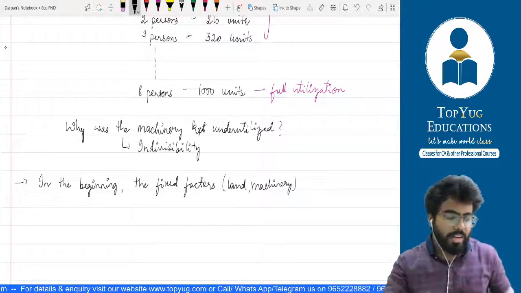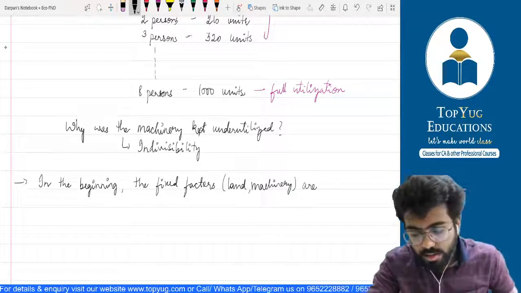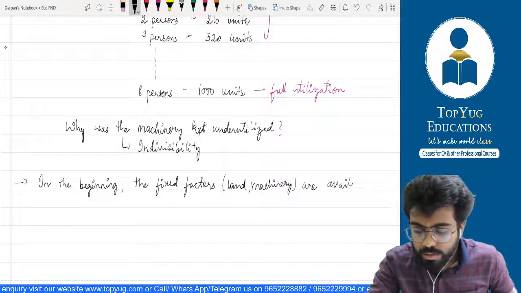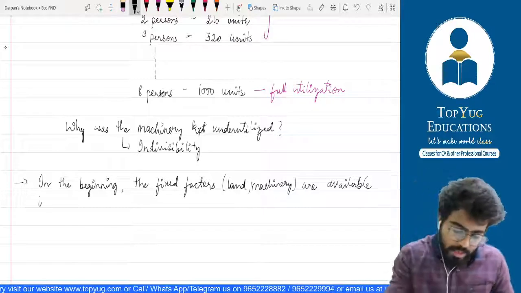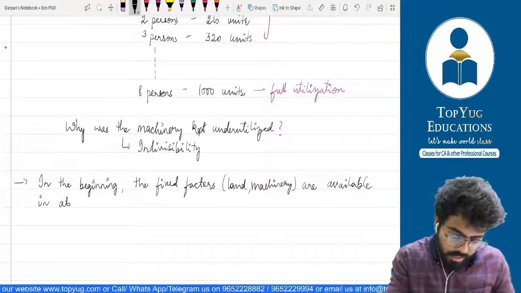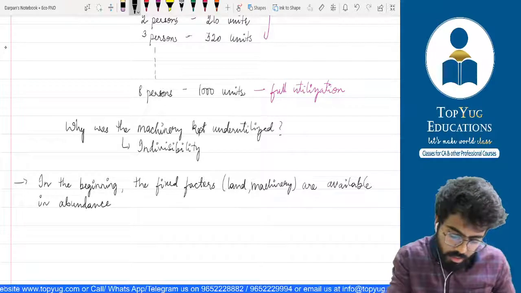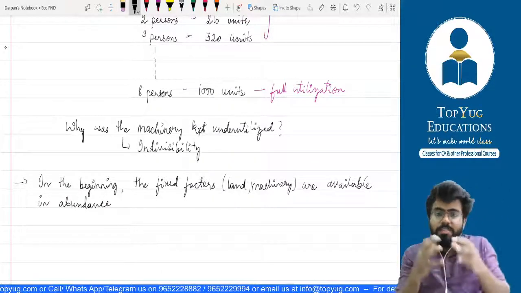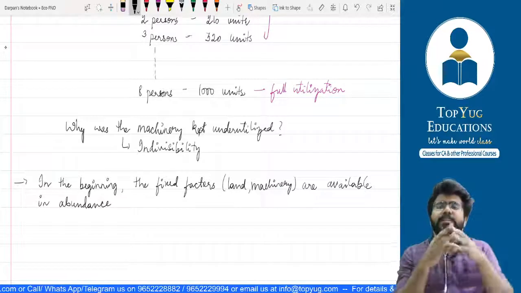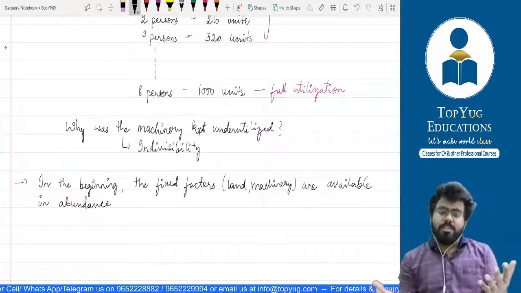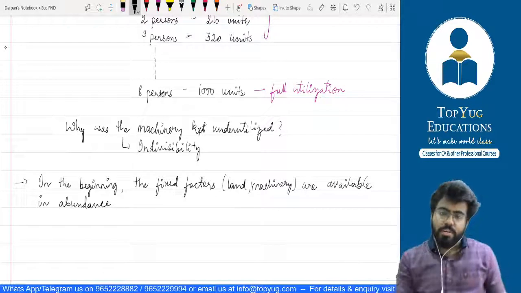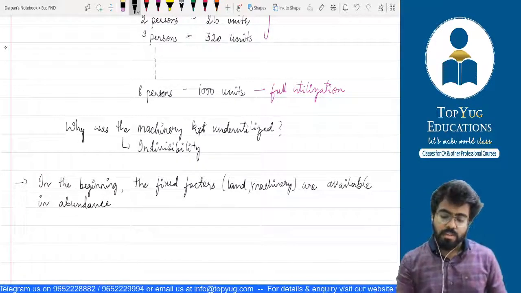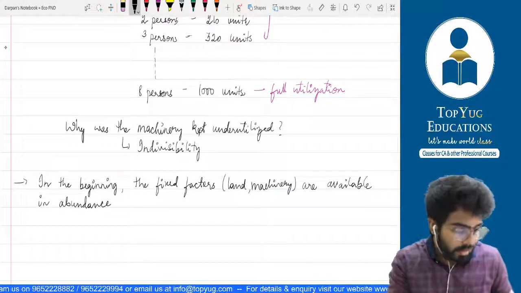In the beginning, the fixed factors are available in abundance. So it is available in abundance. What does that mean? It is available in a lot of quantities. I am not utilizing it properly. It's available in more than what I'm trying to produce. So it is available in abundance.